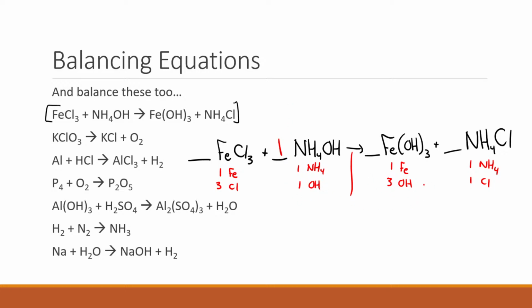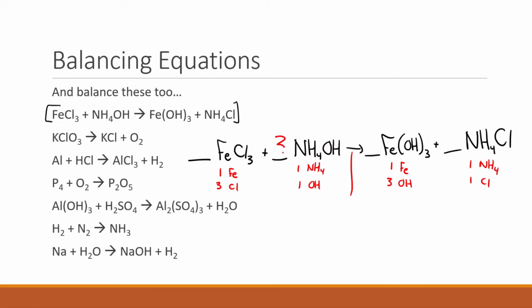On the other side, there's no way for me to get 1 OH without putting a fraction in there. And I know I can't do that. So a 1 doesn't work for the NH4OH. For that same logic, a 2 does not work in front of the NH4OH. Because here I have 2 copies of OH, and I have only units of 3 here. So I still can't put a fraction in front. And so a 2 doesn't work for the NH4OH.